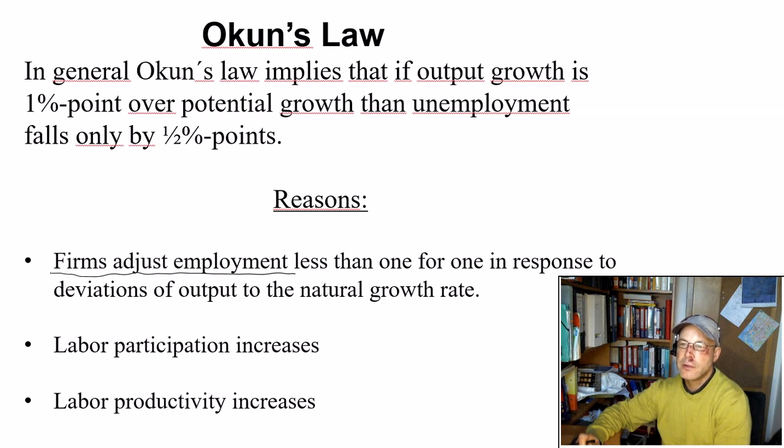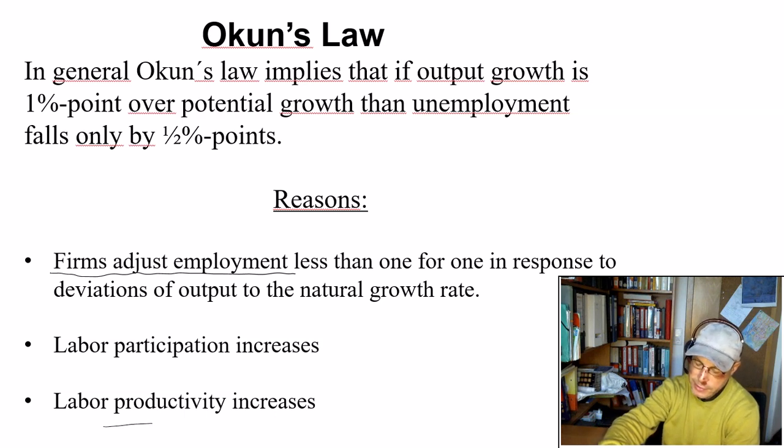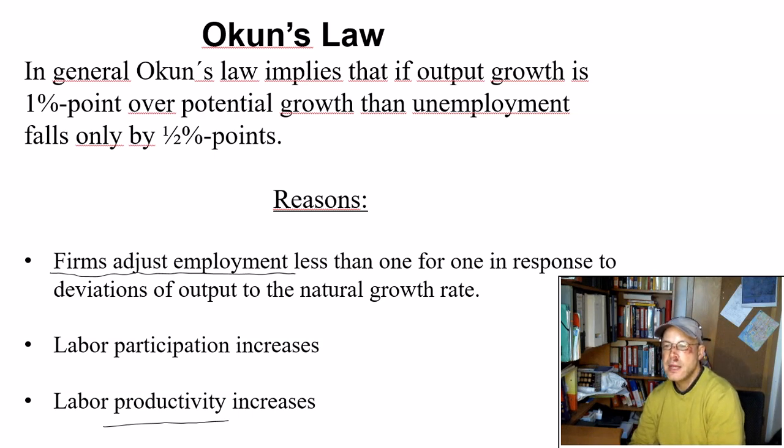And of course, if we look especially at Germany, we have an increase of labor participation, that people who formerly worked part-time now increased the time they are working. And of course, we have increases in labor productivity. That means that today, with the same time of work, we can produce more compared to the past.